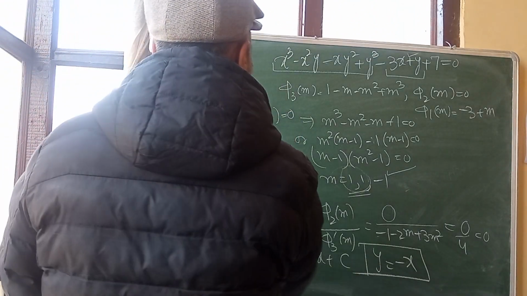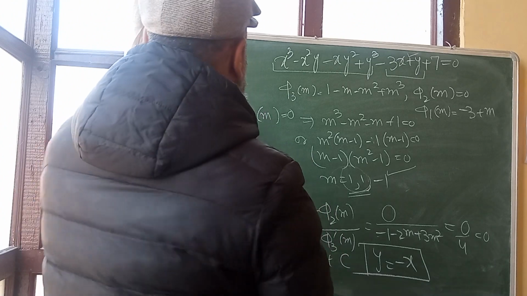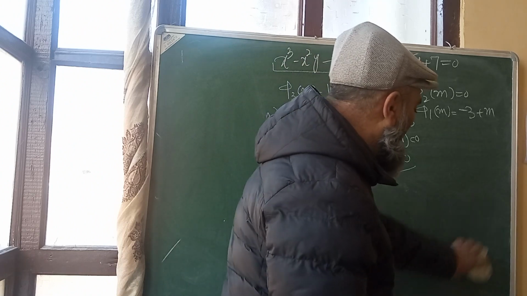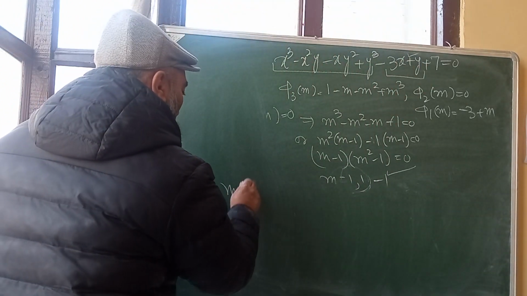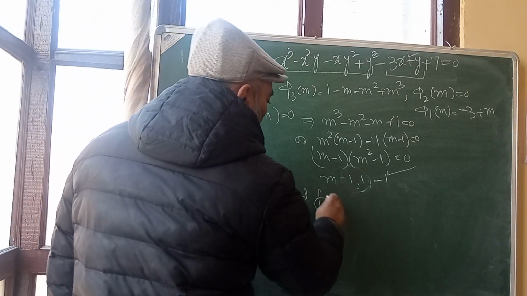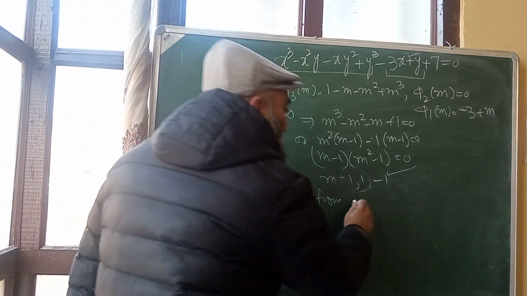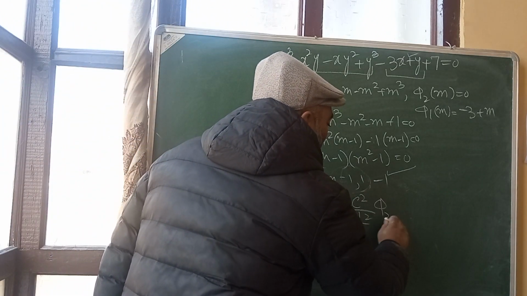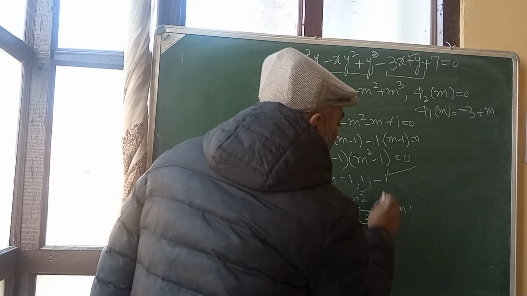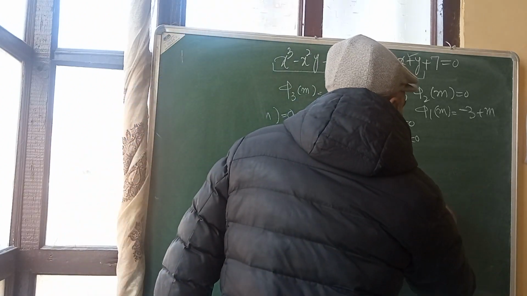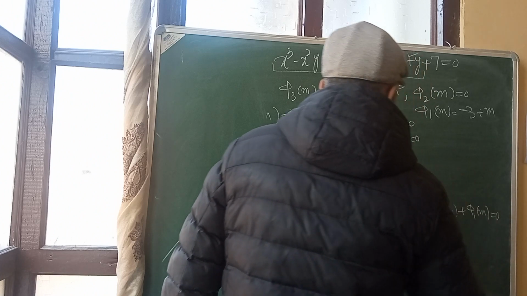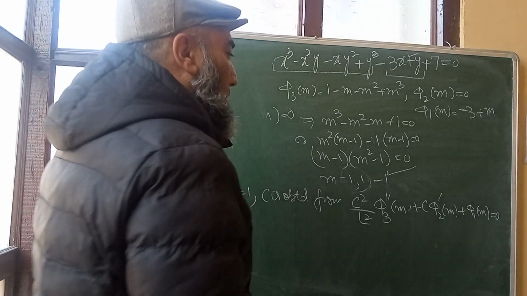Now, when m is 1, c is obtained from this: because you have repeated roots, c square by factorial 2, phi 3 double dash m, plus c phi 2 dash m plus phi 1m equals 0.